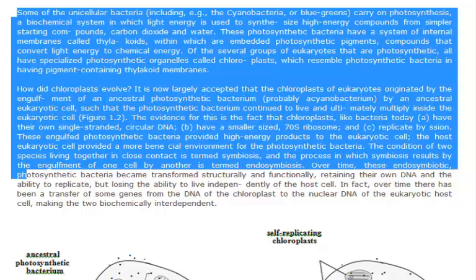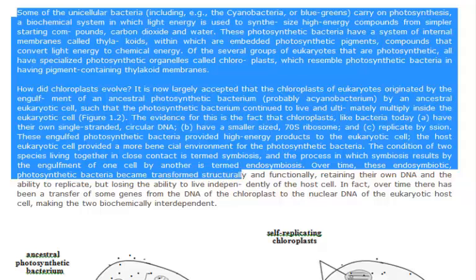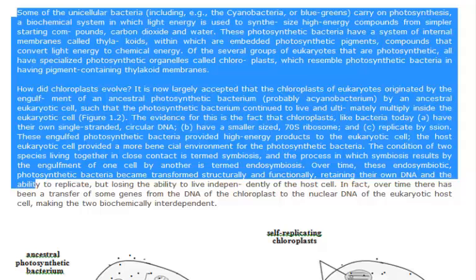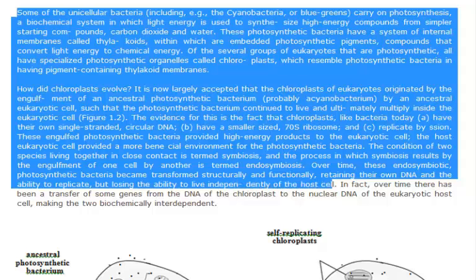Over time, these endosymbiotic photosynthetic bacteria became transformed structurally and functionally, retaining their own DNA and the ability to replicate, but losing the ability to live independently of the host cell.